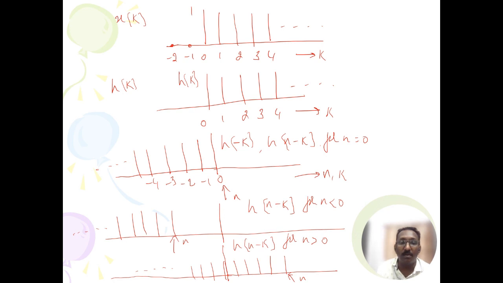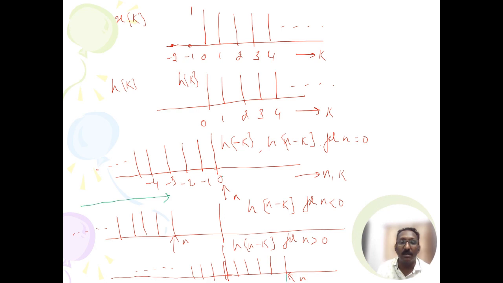Here we have to understand, as long as n is less than 0, the overlap portion is from minus infinity to n. At n equal to 0, the overlap portion is from minus infinity to 0. At n greater than 0, the overlap portion is from minus infinity to n.